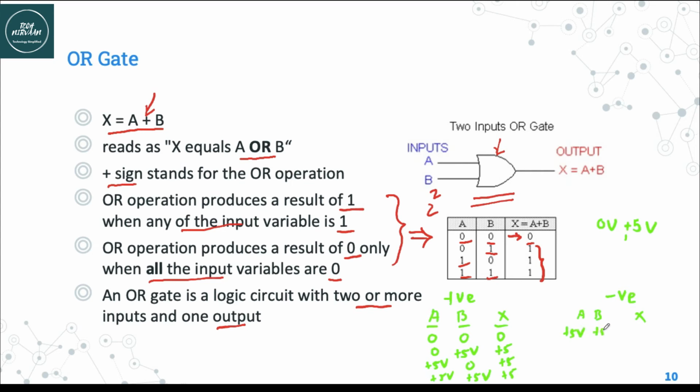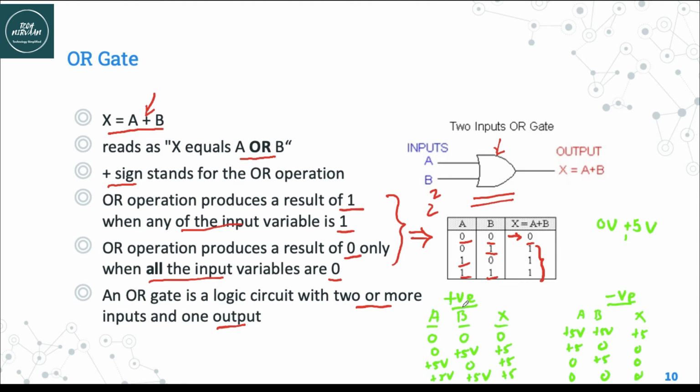So this is plus 5 volt, plus 5 volt, plus 5, 0, 0, plus 5, 0 and 0. So this is plus 5, 0, 0, 0 volt. So this is positive logic system, negative logic system, and this is table for the OR gate.